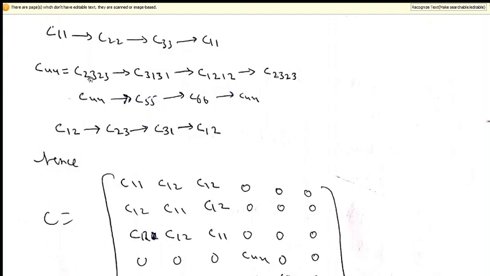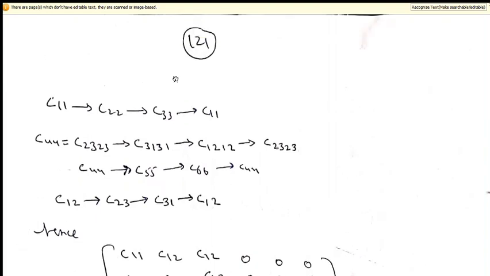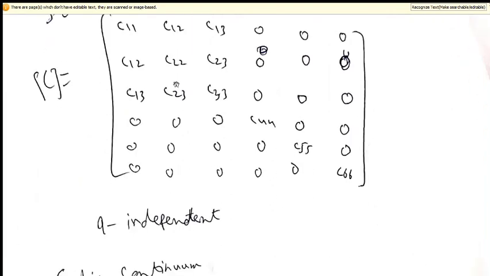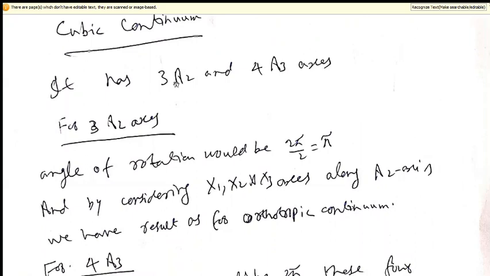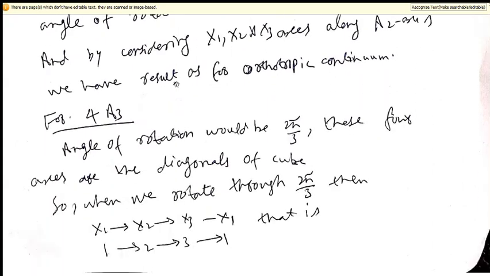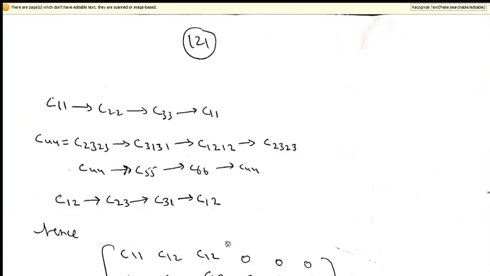C44. What is C44? C44 basically 2 3 2 3. 2 will go to 3, 3 goes to 1, 2 goes to 3 and 3 goes to 1. This is it. 1 goes to 2, 2 goes to 3, 3 goes to 1. Apply the result on this. 3 goes to 1, 1 goes to 2, 3 goes to 1 and 1 goes to 2.